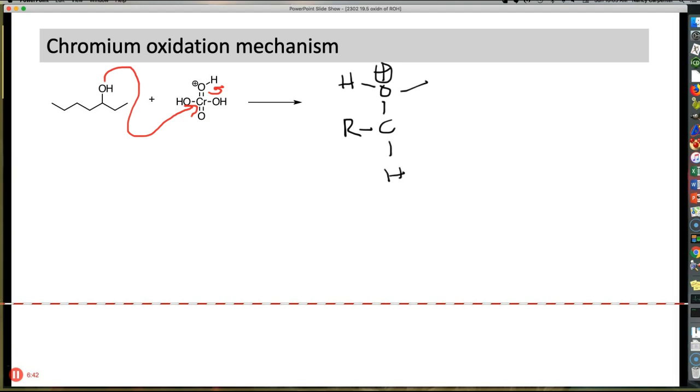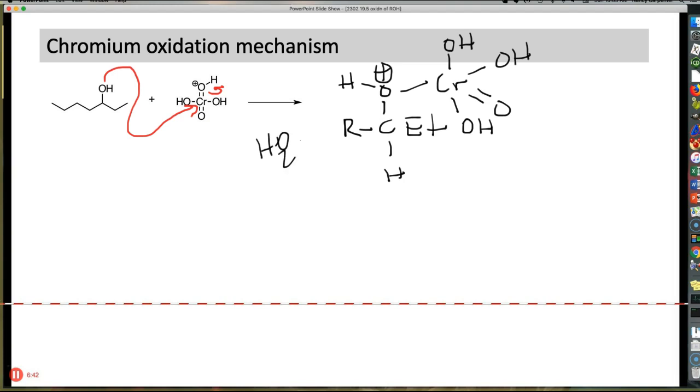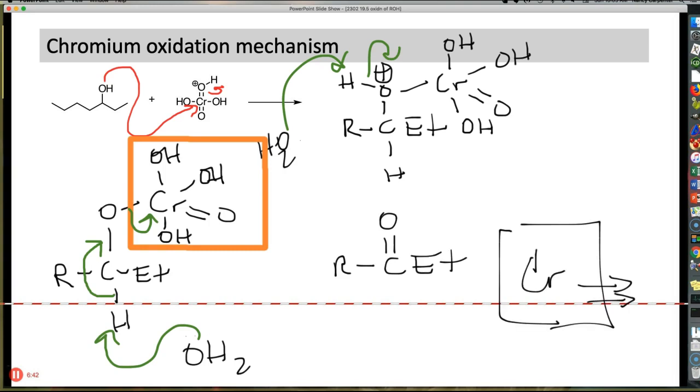Here's my hydrogen, this is my ethyl group, and I have Cr, OH, OH, double bond O, OH. Okay, so I've gotten to that intermediate, a base, probably water. In fact, let's be real, let's use water because this is in aqueous conditions. Can deprotonate that H. Ketone this.